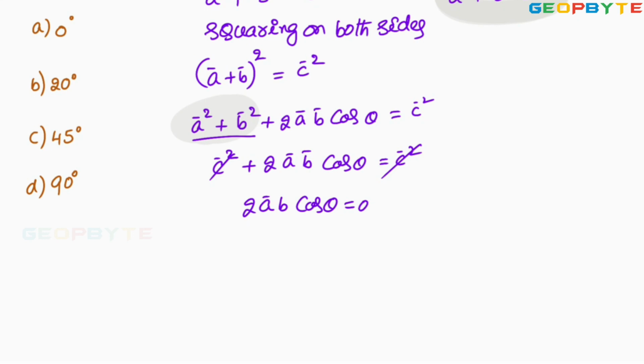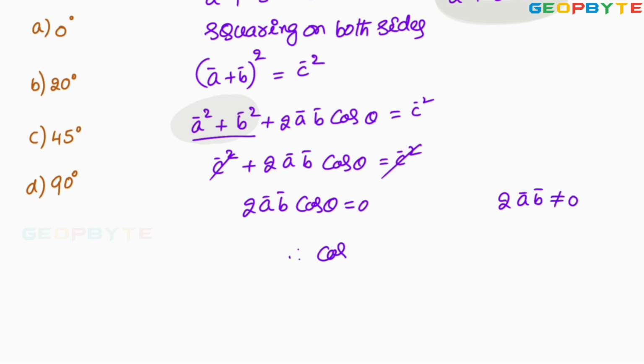From this I can write that 2AB can never be equal to 0, therefore 2 vector A vector B never be equal to 0.